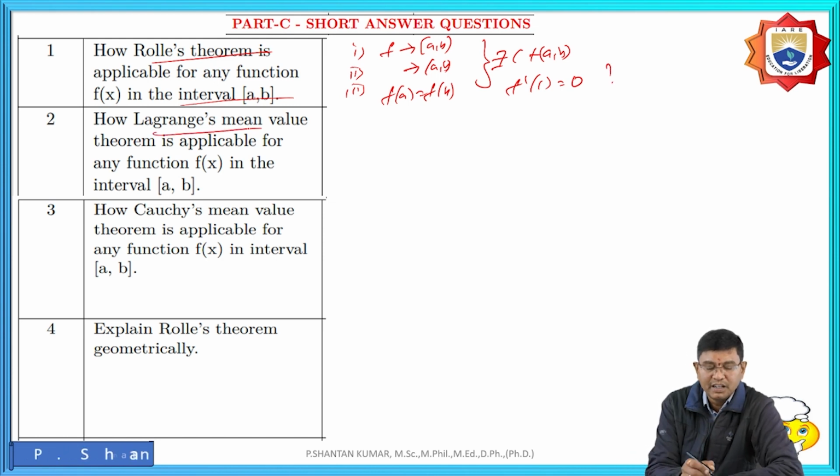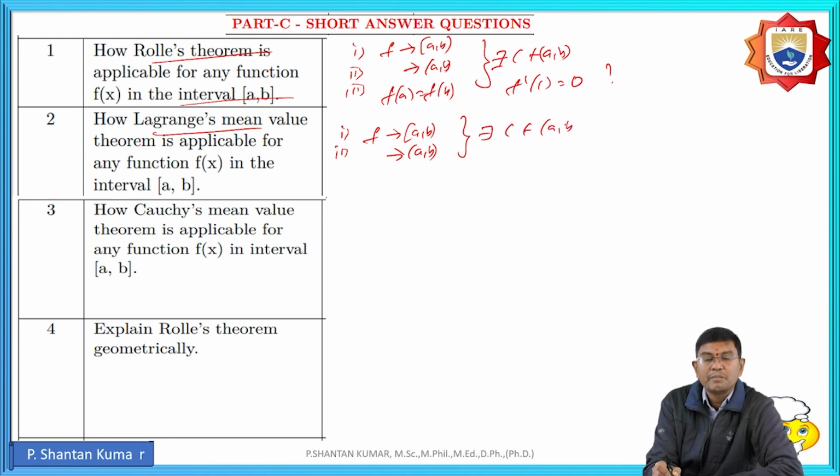How about Lagrange's mean value theorem? The first and second conditions are the same: f is continuous in the closed interval [a, b] and derivable on the open interval (a, b). Then there exists c belongs to (a, b) such that f'(c) is equal to (f(b) minus f(a)) by (b minus a).